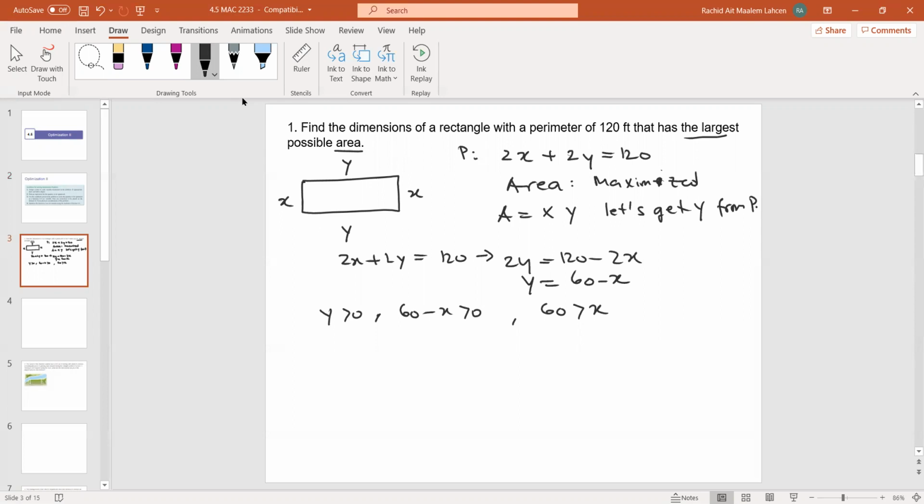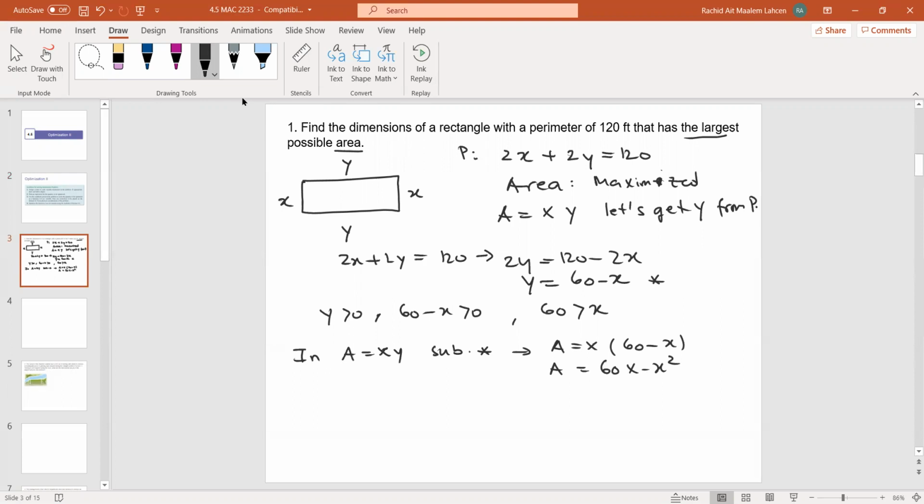So now in A, substitute this, and you get A equals x times (60 minus x) for y, which means A is 60x minus x squared.